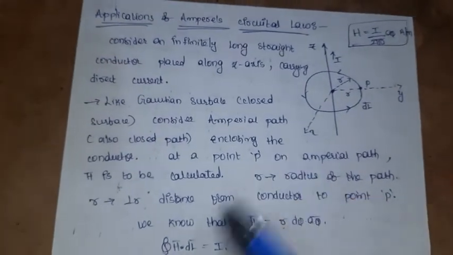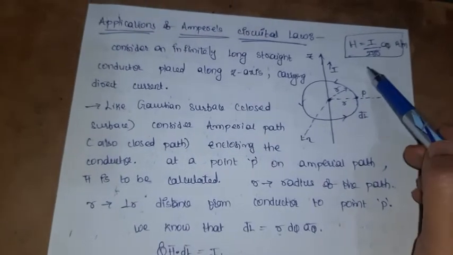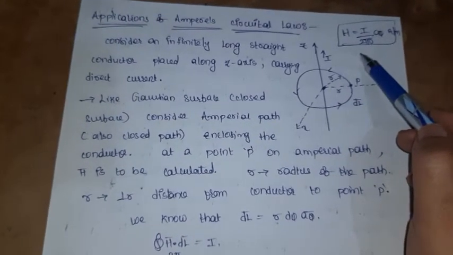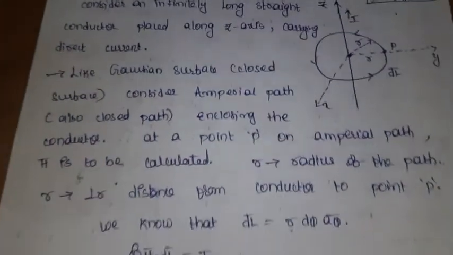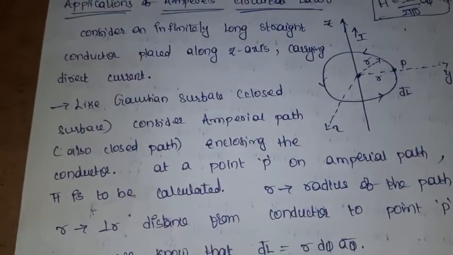Now by using Ampere's circuital law, I will get this answer in very few steps. So what is the importance of Ampere's circuital law? We can get the answer in very few steps.